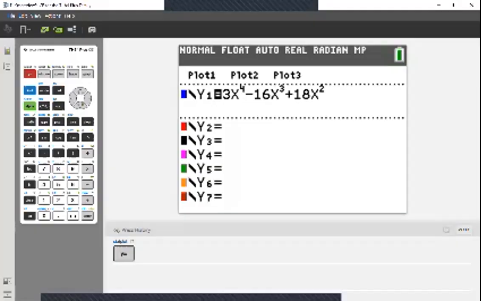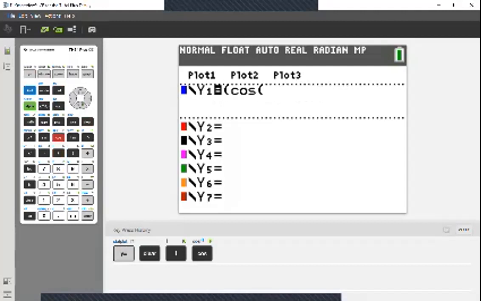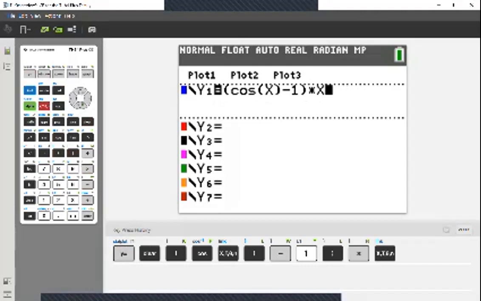I am going to graph cosine of x, because my calculator isn't smart enough to know that it could use h, divided by x, again, instead of h. And I'm really concerned about what happens as I get close to a value of 0.